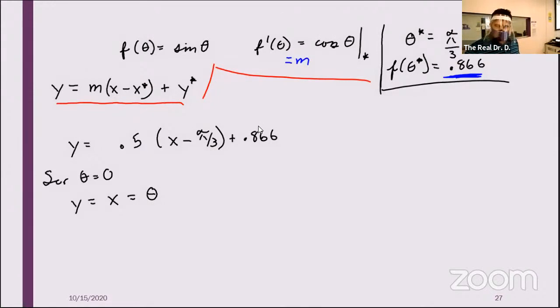Okay, let's test this out. Dr. G said this would work to 5 degrees. So how are we going to test this? Well, if I use my approximation at 5 degrees, 5 degrees is how many radians?